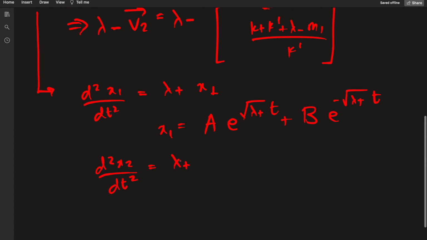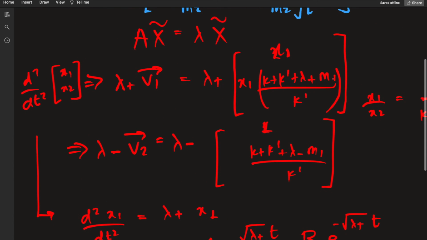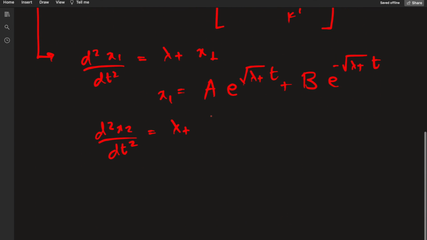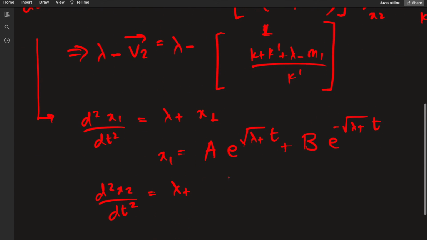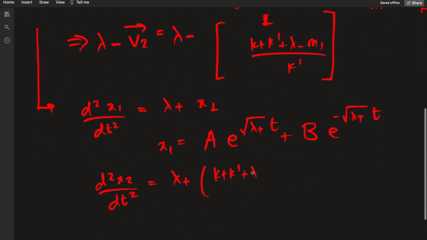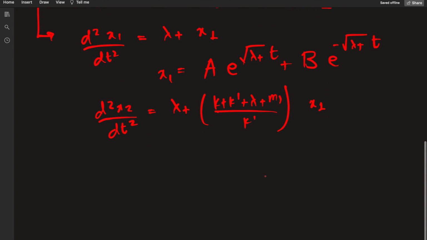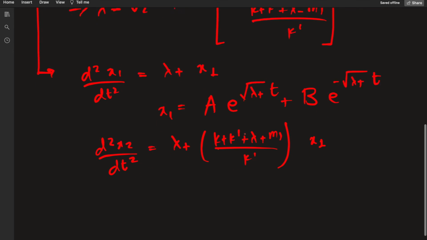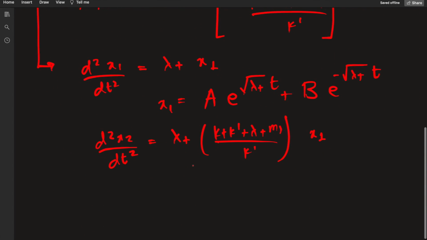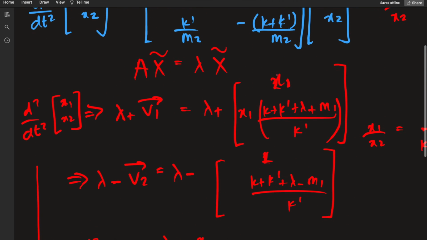We have lambda plus, and then this factor that we didn't have originally, which is, I believe, k plus k prime plus lambda plus m1 over k prime, and then an x1. To be honest, we actually don't even need to solve for x2 because we got x1 and x1 was the multiple we desired.